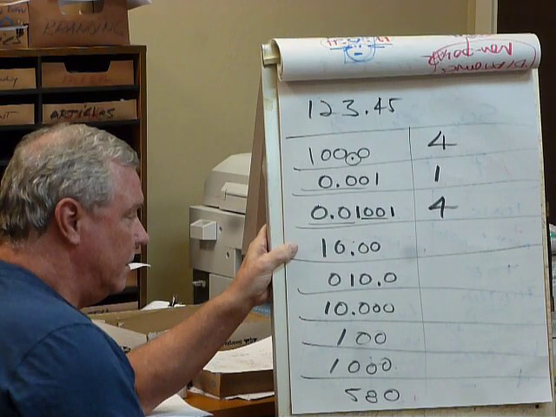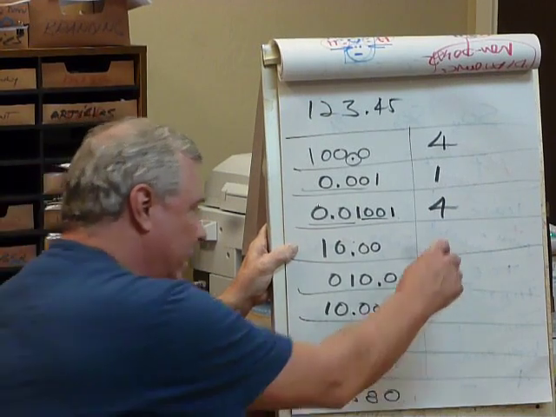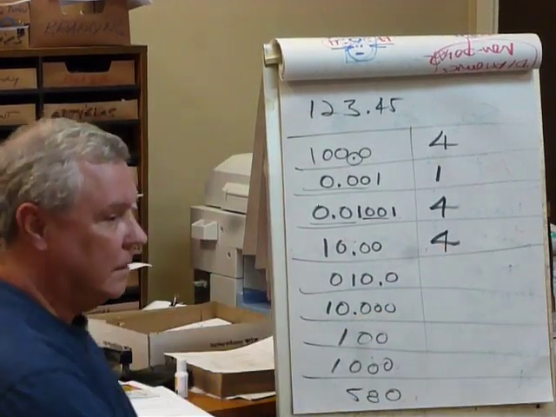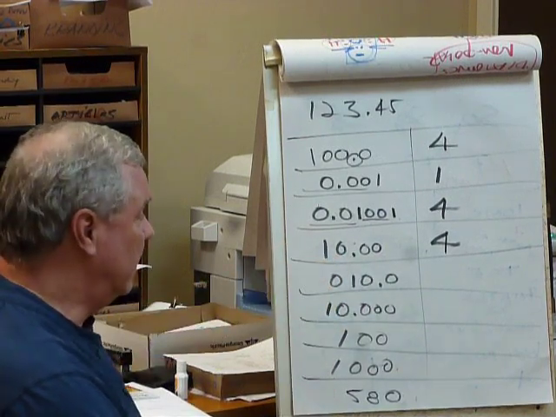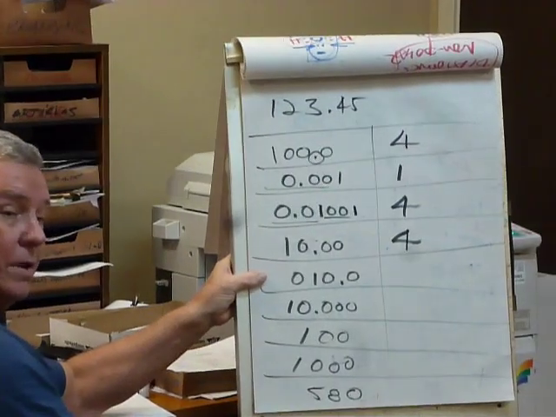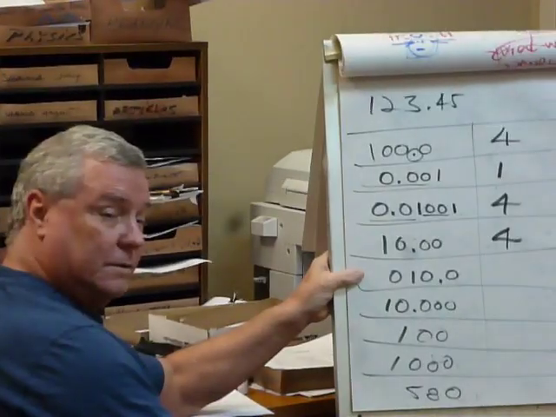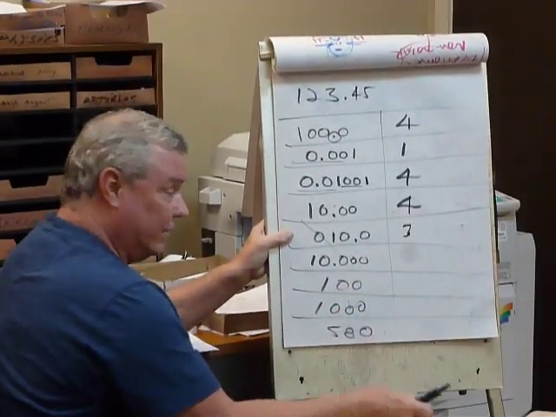Dylan? 4. Willie? 4. Scott? 4. Everybody's a winner. Good. They all count because there's a decimal, so trailing zeros count. And then Stephanie, what about this guy? 3. Is that correct, Spencer? 3. Exactly. This guy doesn't count because leading zeros never count.